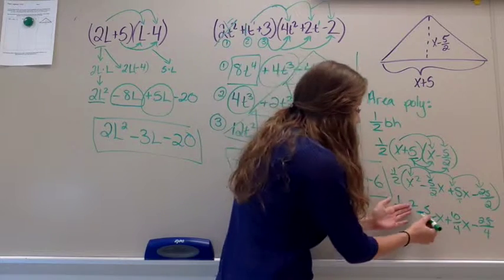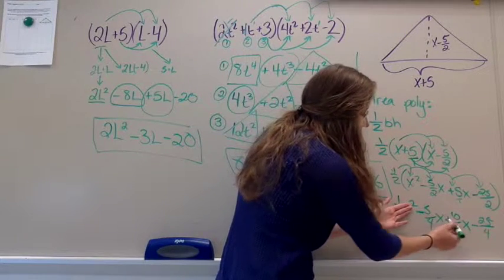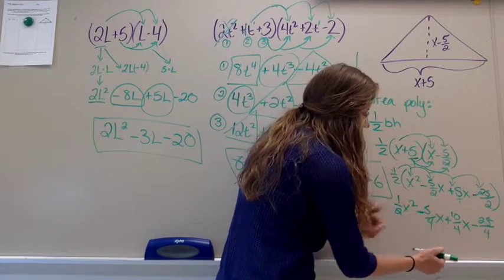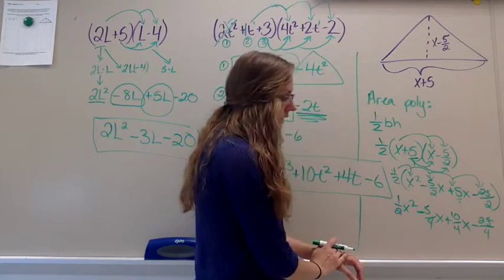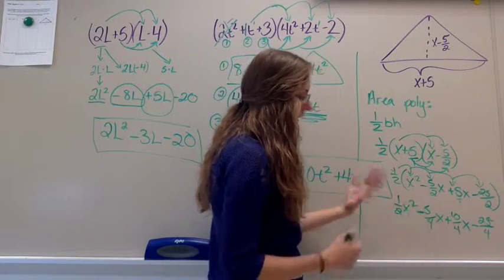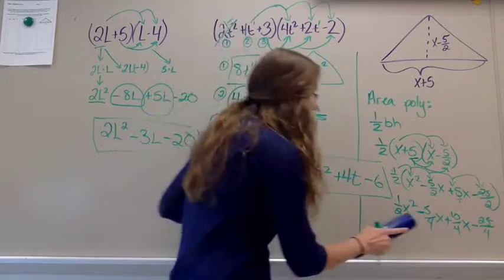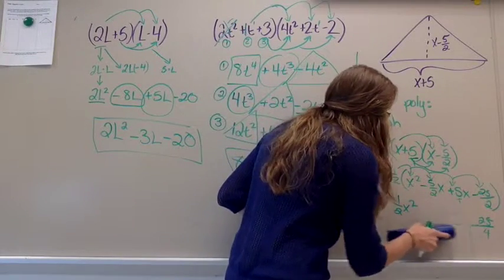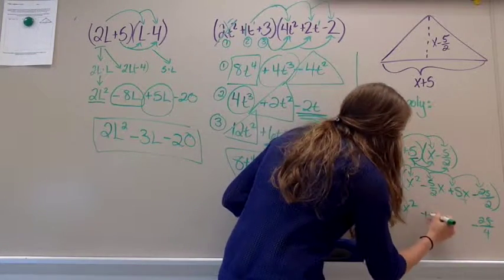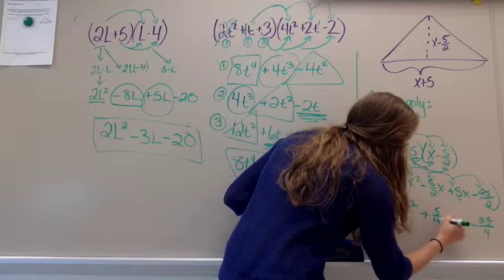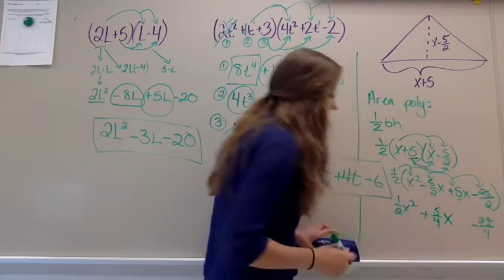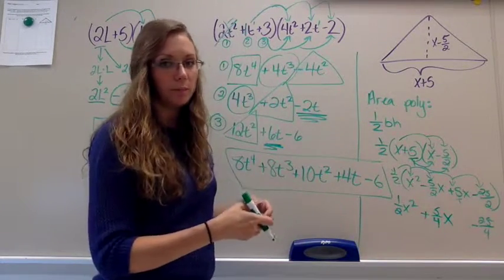At this point, I have negative 5/4 x and a positive 10/4 x. Well, those two, if we simplify them down, we would do 10 minus 5. It's 5 over 4. So this whole middle chunk, simplified down, is a positive 5/4 x. I just combined those like terms, okay?